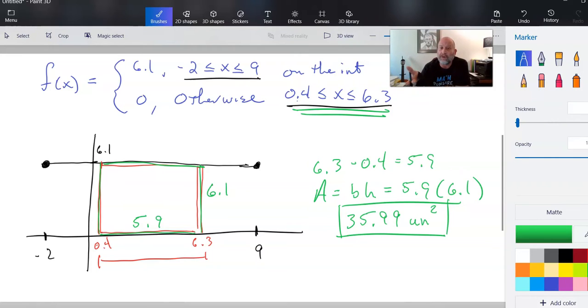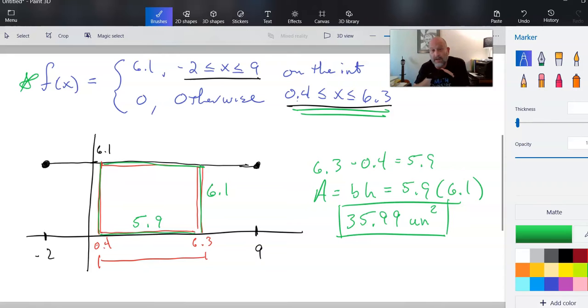So I do want to point out that some of the problems start from scratch, right? And these are starting from scratch, where you start with the function itself and you work from there. Others of these problems start with the picture, in which case you're only doing the last part of the problem. You're figuring out what the length, the base and the height are from the picture, rather than drawing the picture yourself first. So this starts at different stages, just depending on what you're working on.